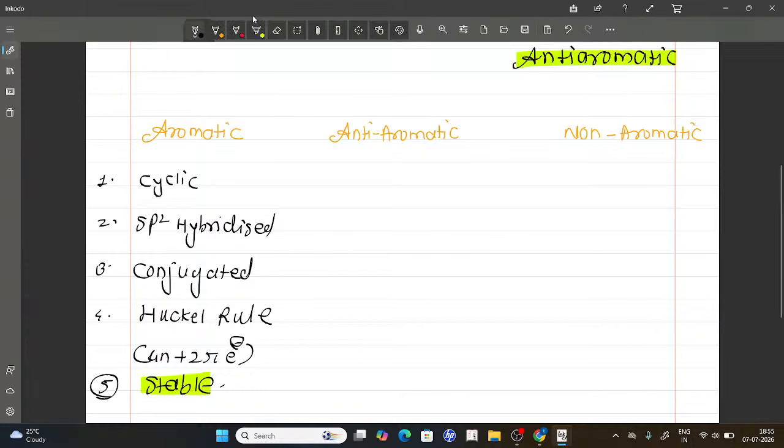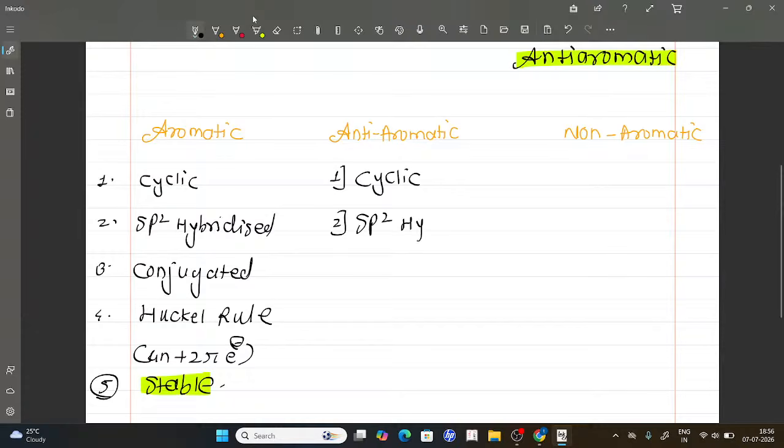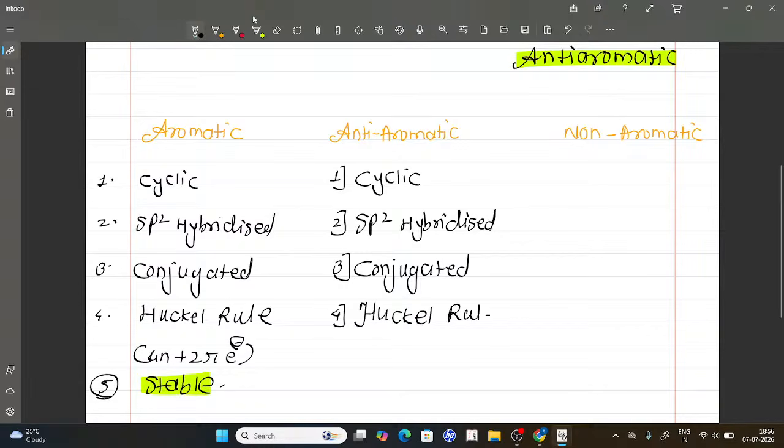Now, about anti-aromatic compounds: these compounds are also cyclic. They are similarly sp2 hybridized. They are also conjugated, and we studied the master key for conjugation before this point. Now the next one is the Huckel rule, but which one?